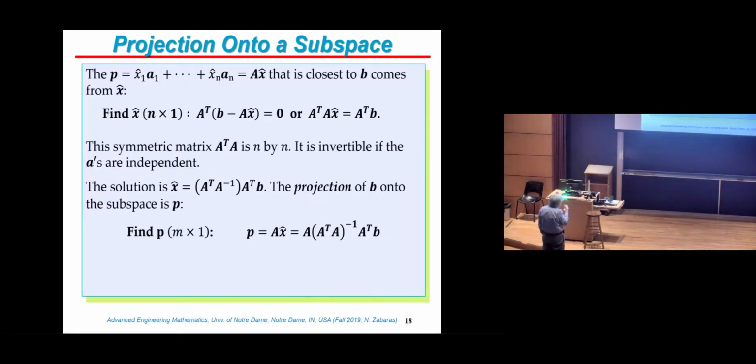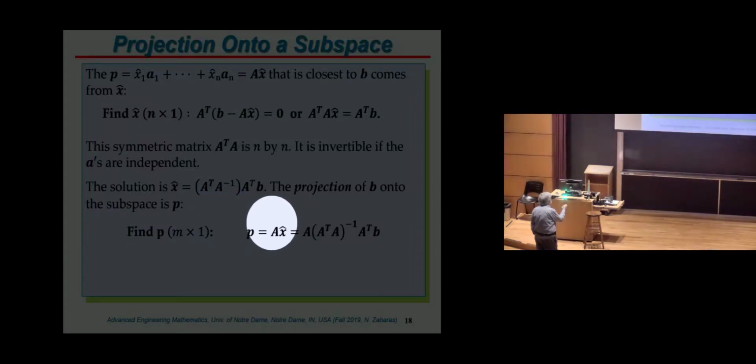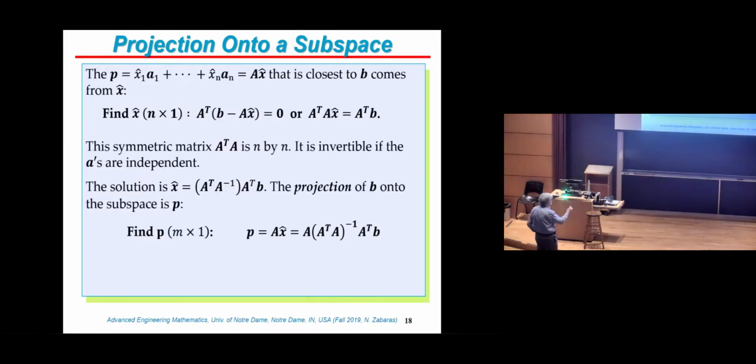Remember we're projecting onto the column space, and we started with this definition of x hat, the combination of the columns. So the projection point is A times x hat, which is A times (A transpose A) inverse, times A transpose B. We're done. That's the nearest point on the column space that approximates any vector B in R^m.